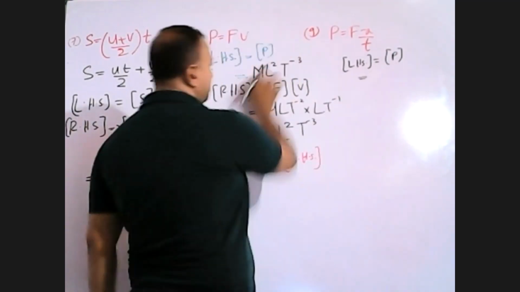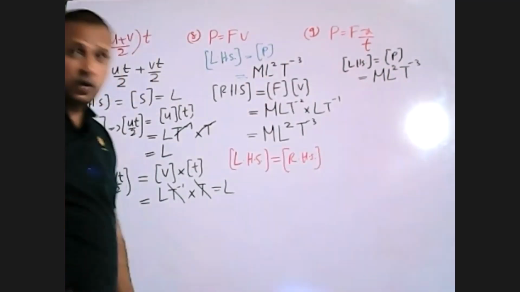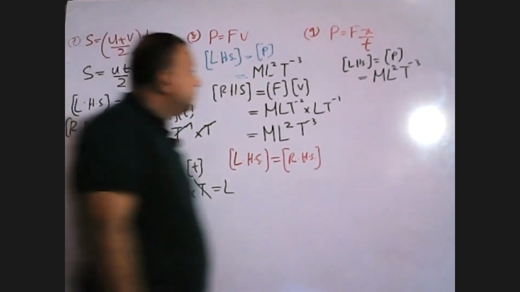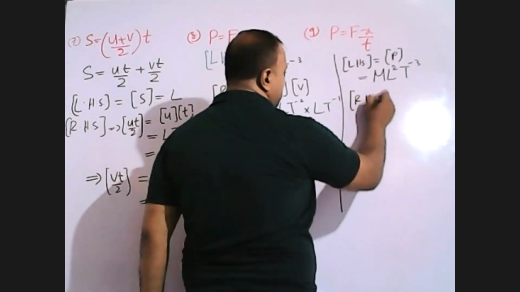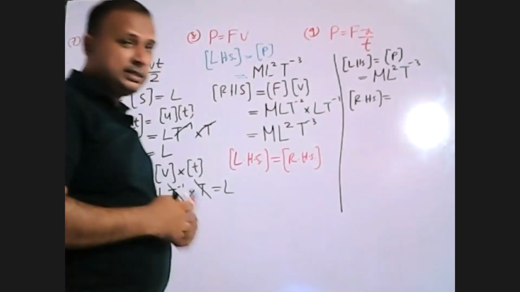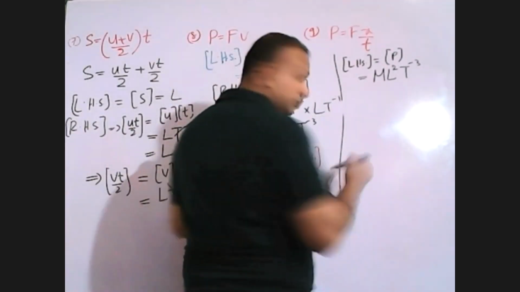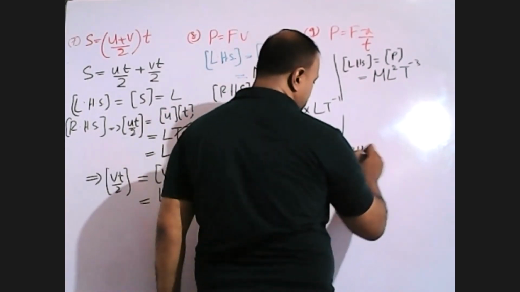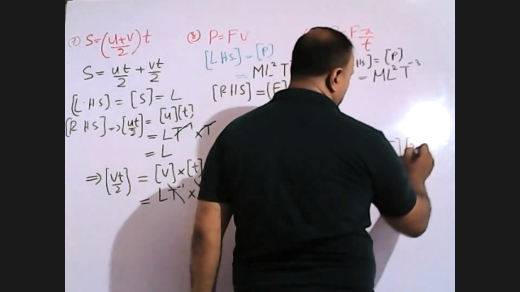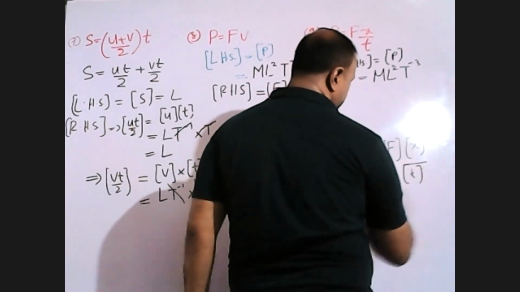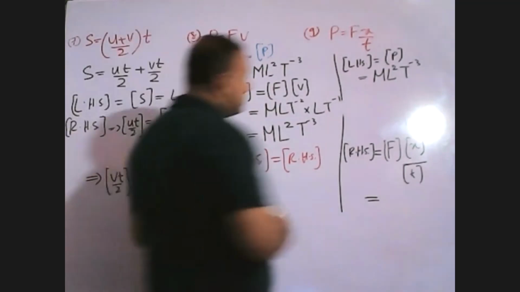Dimension of power, you know this one: ML^2T^-3. Then the dimension of RHS is equal to the dimension of force, the dimension of x over the dimension of time.